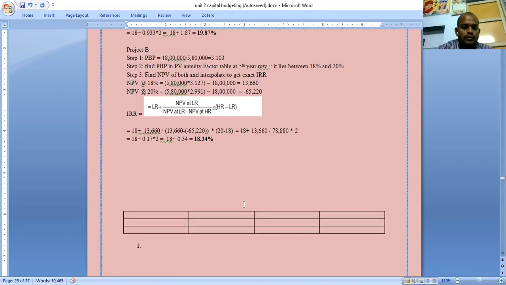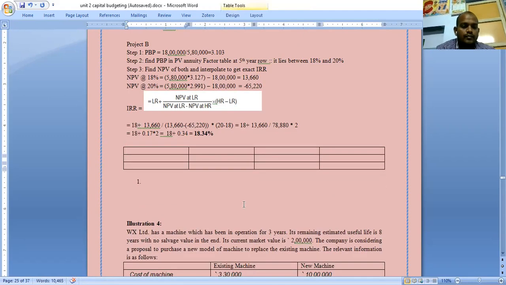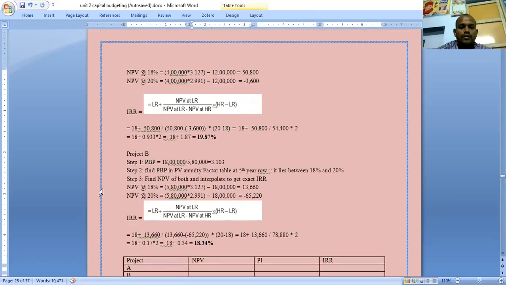Now we have to make decision by using each technique as a decision making criteria. So which project is preferable if we consider the technique as a decision making criteria?